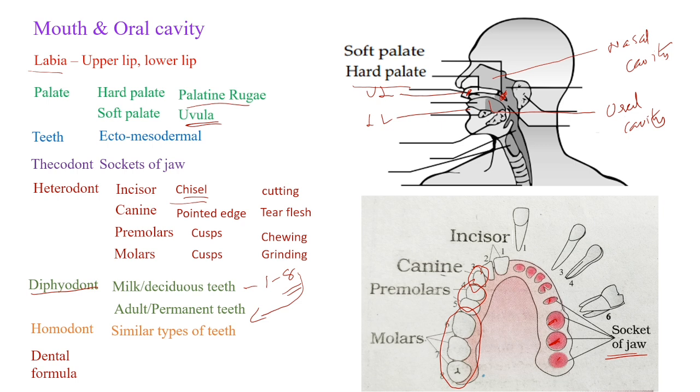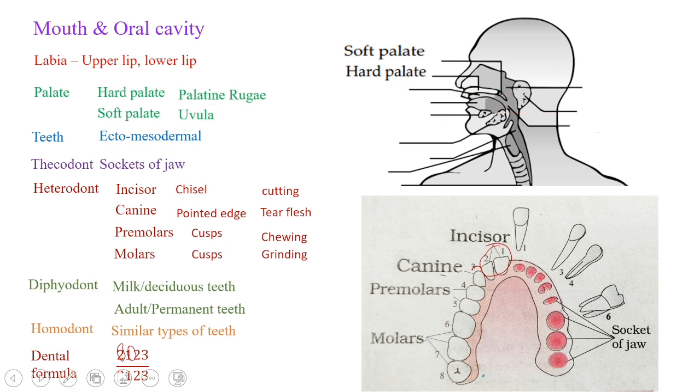Every animal has its own dental formula. For adult human beings, the dental formula is 2123 by 2123. The numerator represents the teeth present in half of the upper jaw, and the denominator represents the teeth present in the lower jaw.